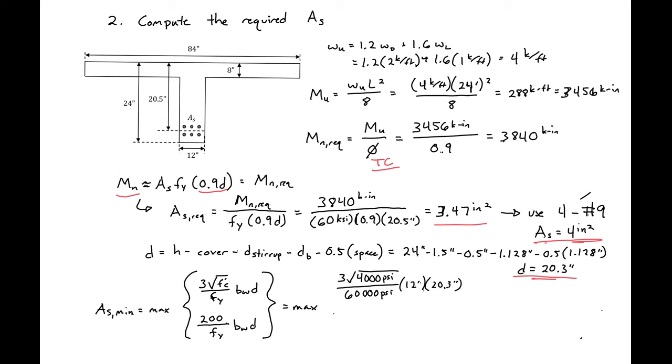And then our other expression, 200 divided by 60,000 psi times 12 inches times 20.3 inches.